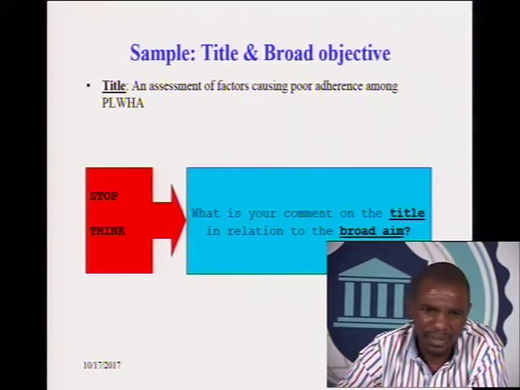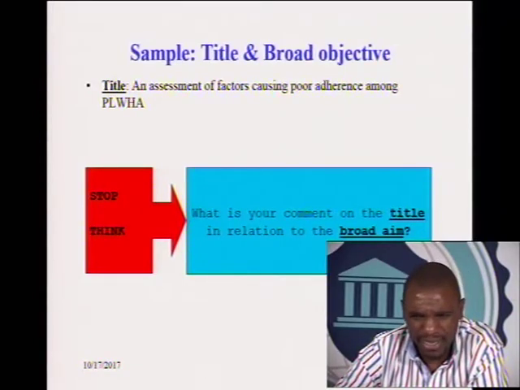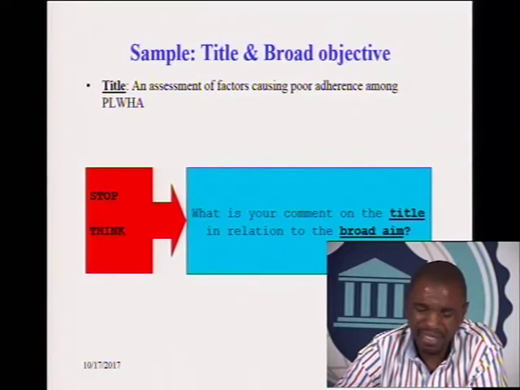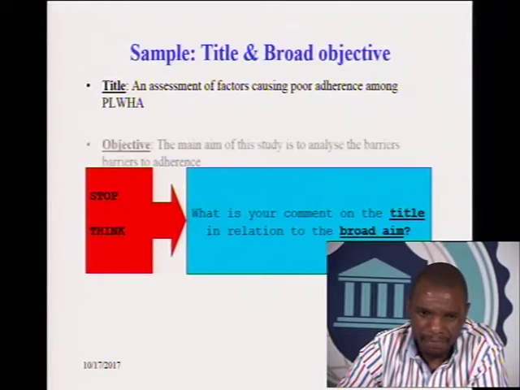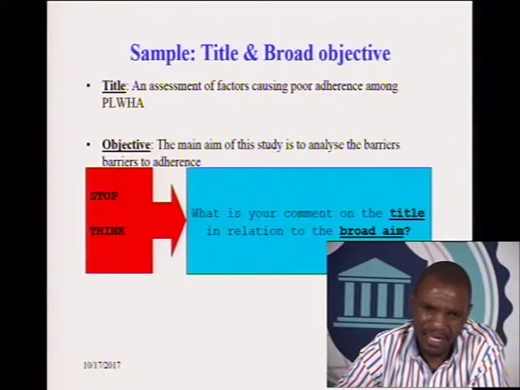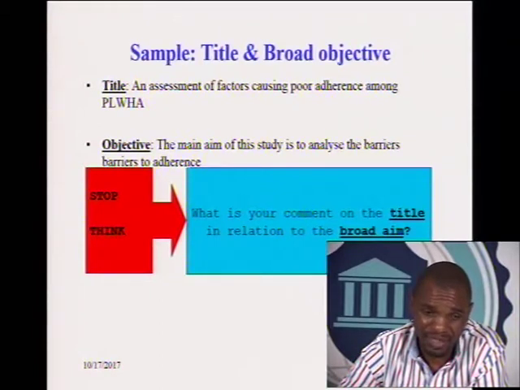Say, for example, like I said earlier, an assessment of factors causing poor adherence among people living with HIV, and then you can give us the context. Where do you want to do the study? The objective, the main aim of this study is to analyze the barriers to adherence. What are the barriers that are holding back people from adhering to medication? Because we know medication is very important.